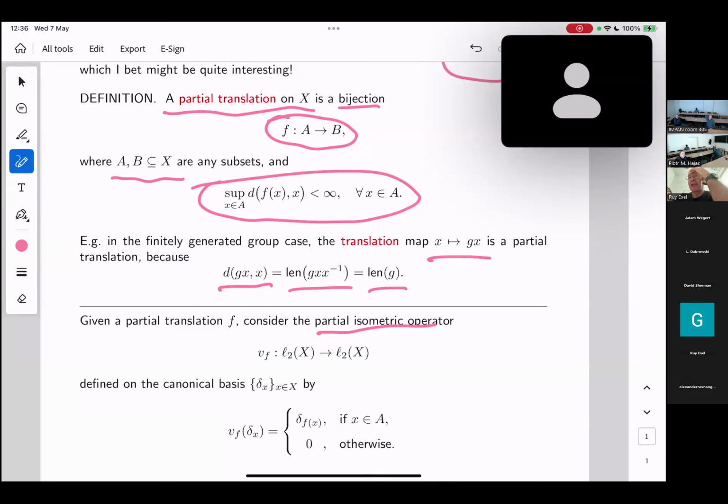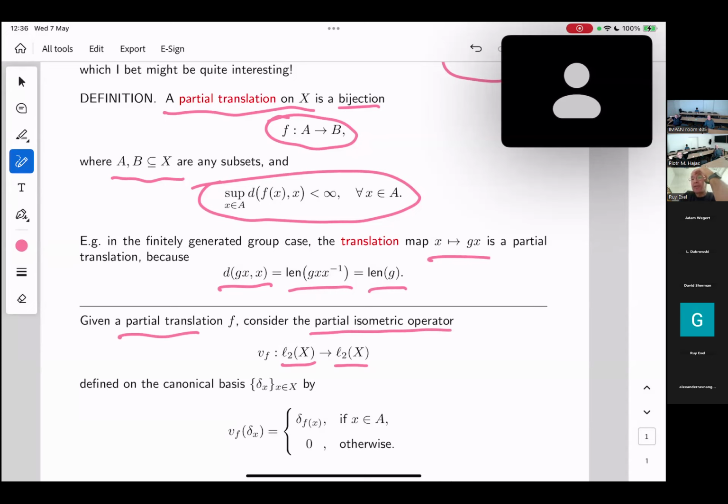Okay, so now once we have a partial translation F, we are going to define a partial isometric operator on the space L2 of X. So X is here seen as just an index set, and with that you define a Hilbert space of square summable functions on X, and this Hilbert space is going to be central in everything that's going to happen from now on.